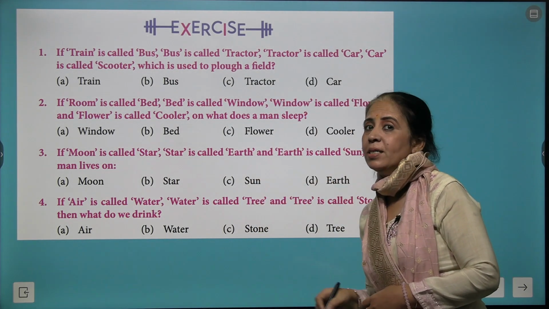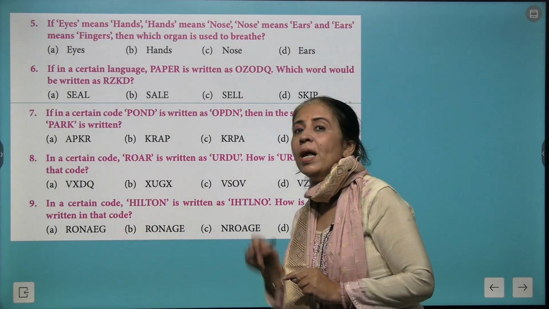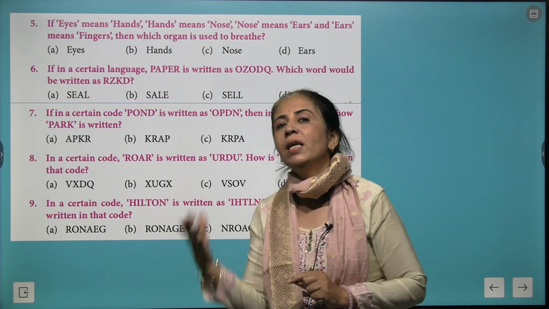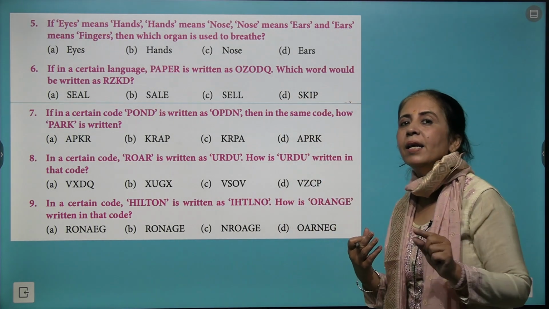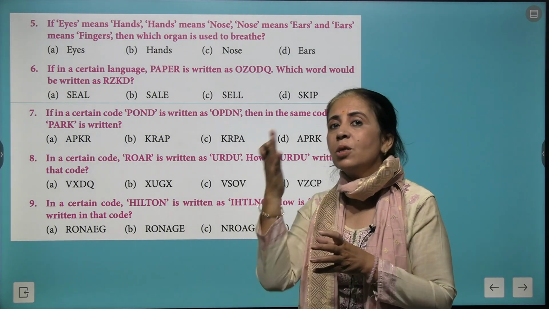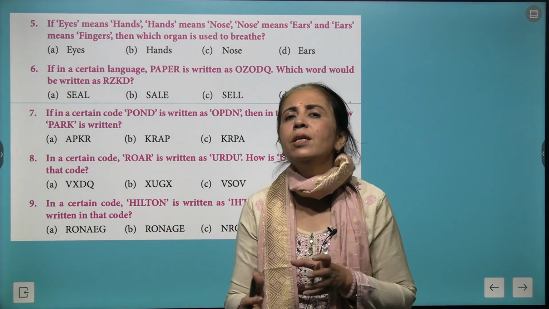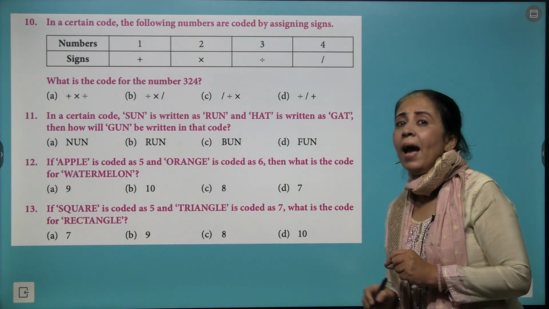And children, I'll tell you a very interesting thing that research has shown that if you do coding, decoding, it is a wonderful brain booster and it energizes your brain. Even the slow learners, slow thinkers get the energy and they start focusing on their academics.